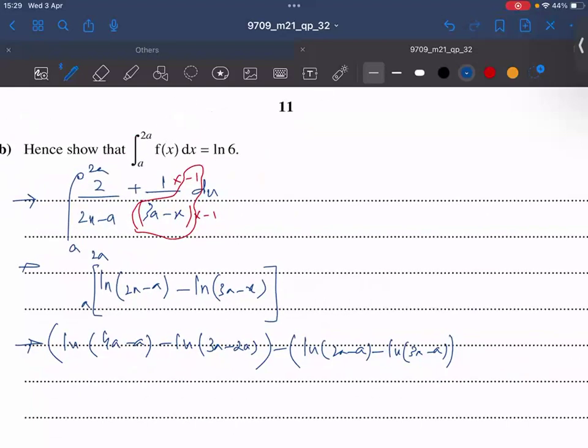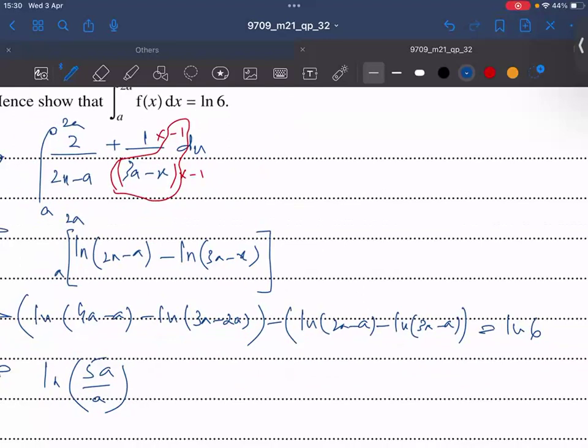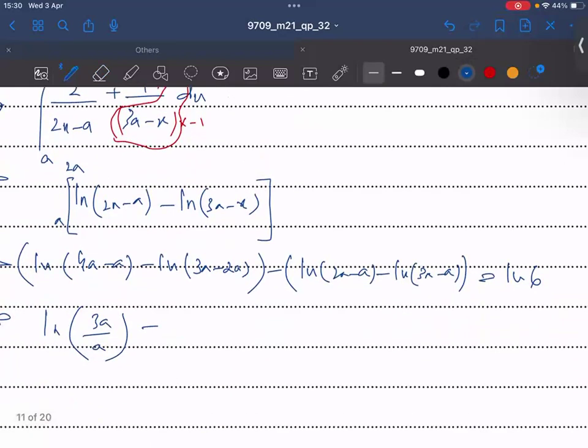And the answer is basically equal to ln 5a over a. 3a minus 2a is a. 4a minus a is 3a. So ln 3a over a. Sir, where did dx go?